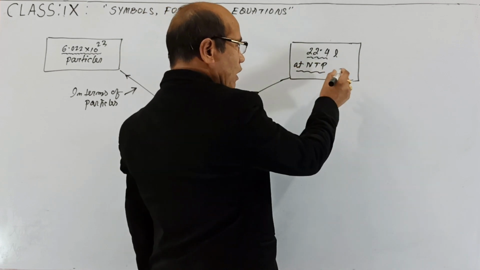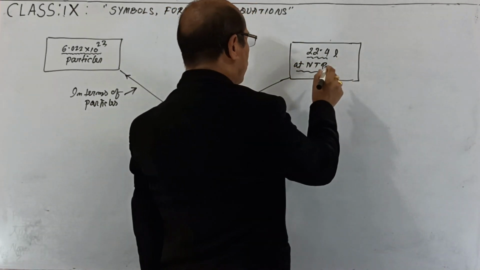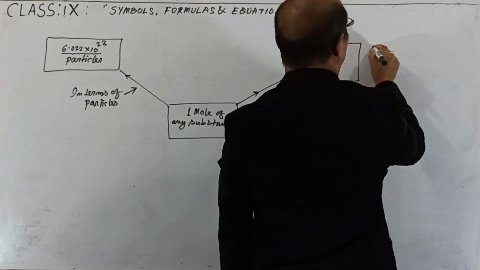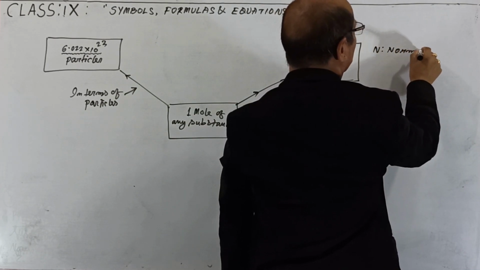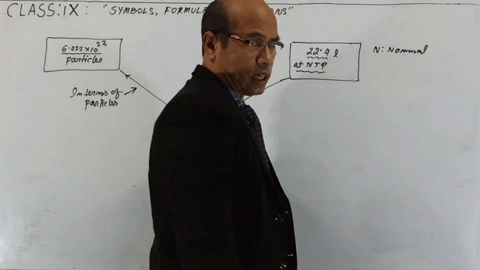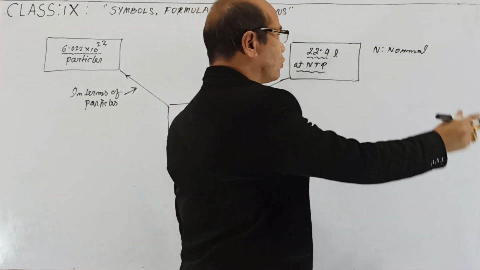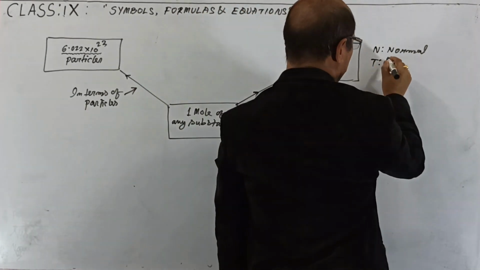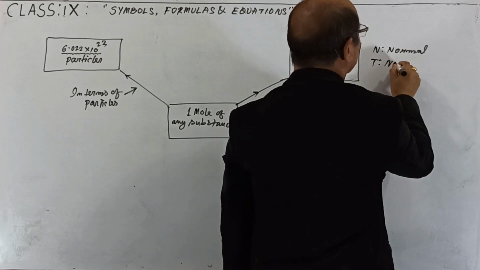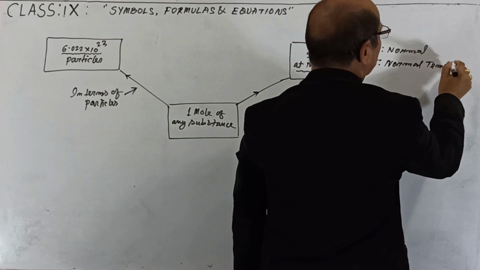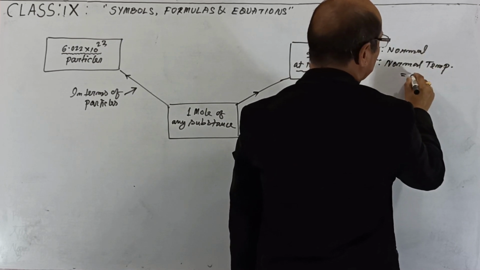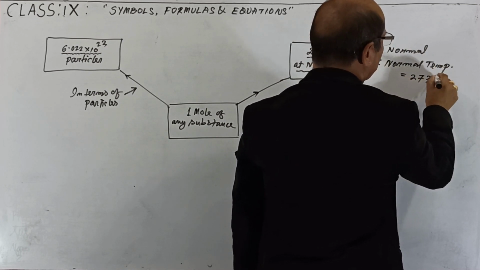N stands for normal, T stands for temperature, P stands for pressure. Here, I'll write N stands for normal, or sometimes you can call it standard value, STP also you can call it. And T stands for normal temperature. Normal temperature is 273 Kelvin.